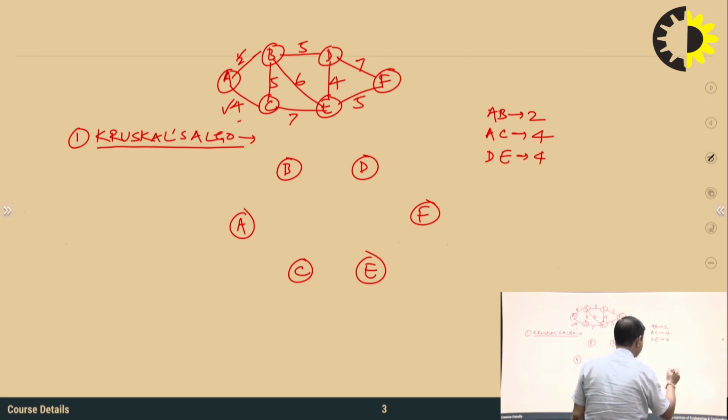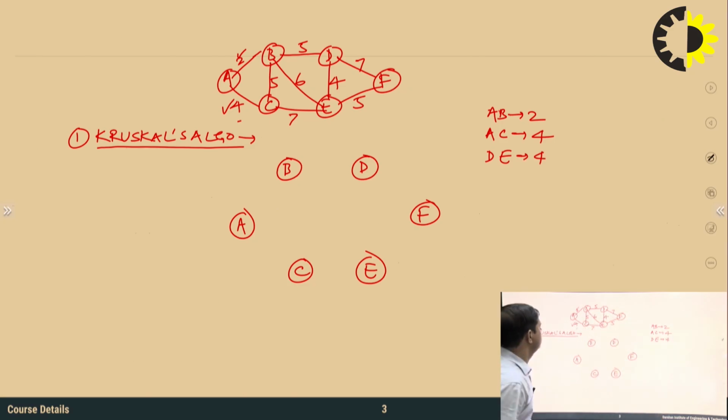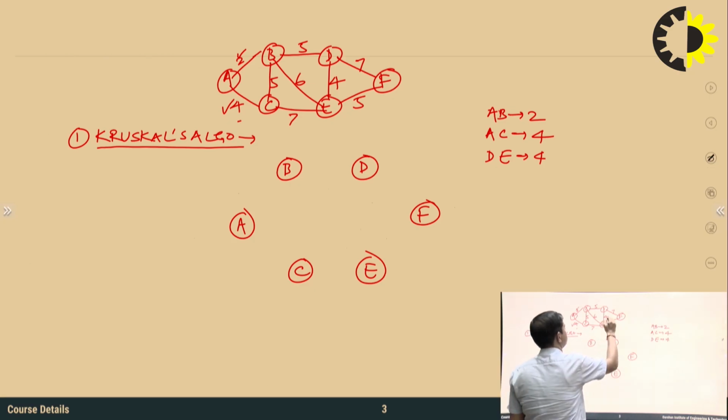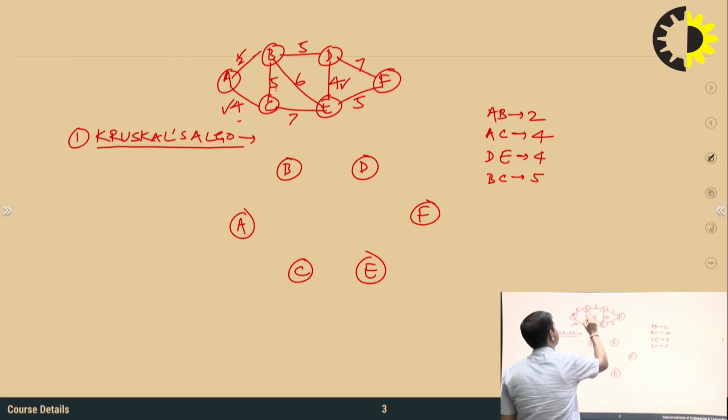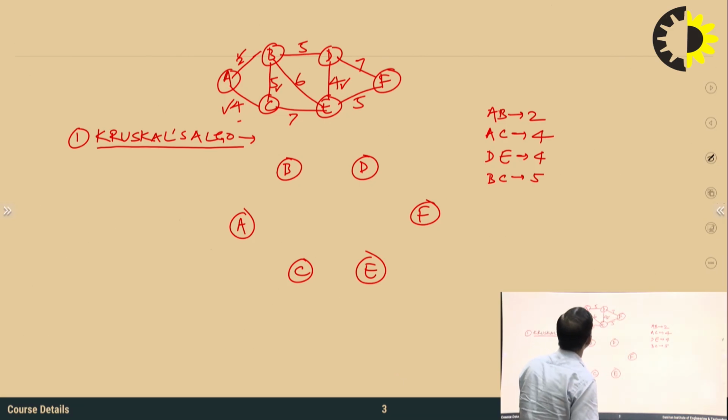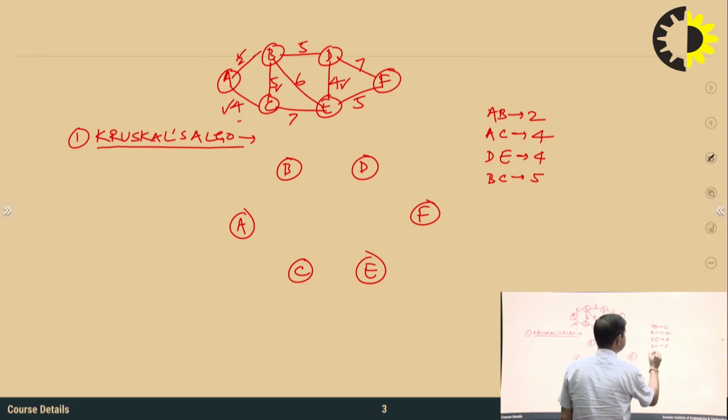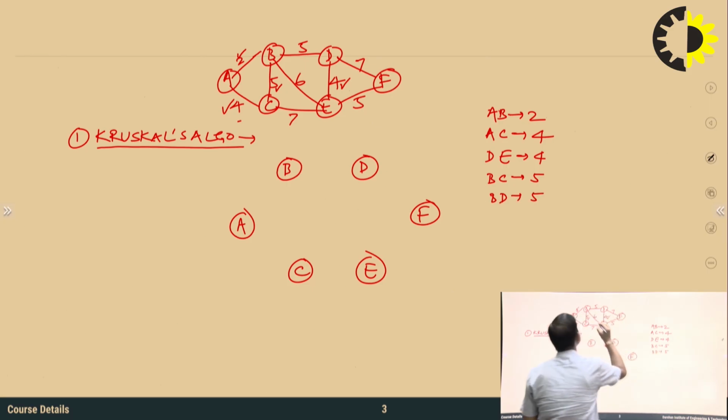We have to put the edges in the increasing order. I think 4 is done. Then next is 5, that is BC. This is also taken. Then BD, that is also 5.